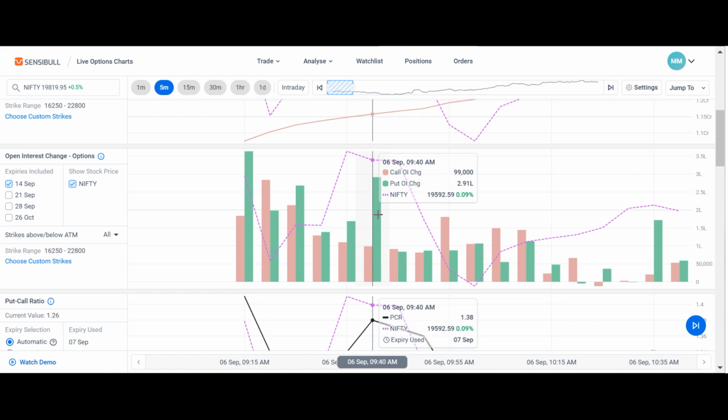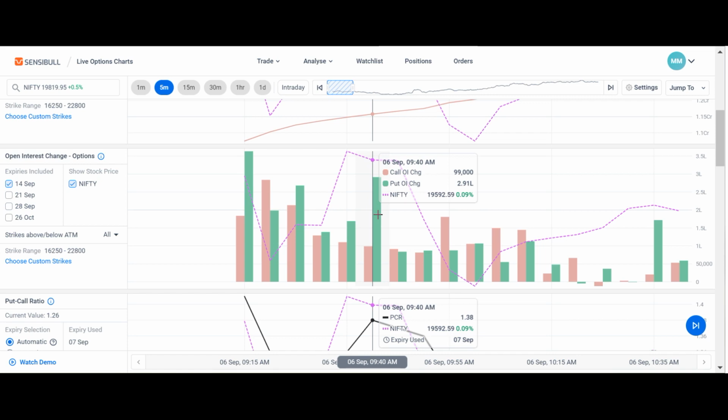If there is a put writer sitting there, trying to keep the market up above that particular level, what is going to happen? In the ideal scenario, my put price should be falling. But on this day, if you had observed those charts, you would have realized the put price started consolidating at one level.